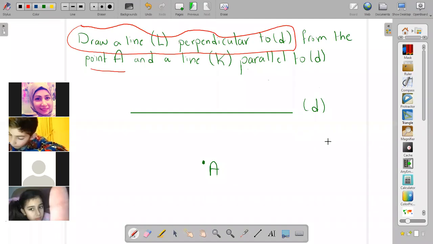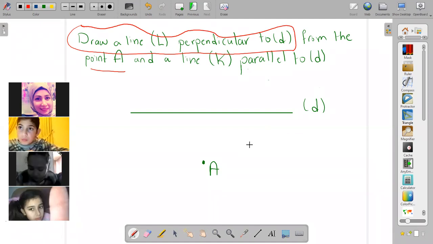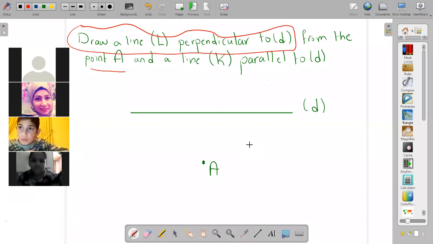We will use what? Ruler or set square? Set square, okay.